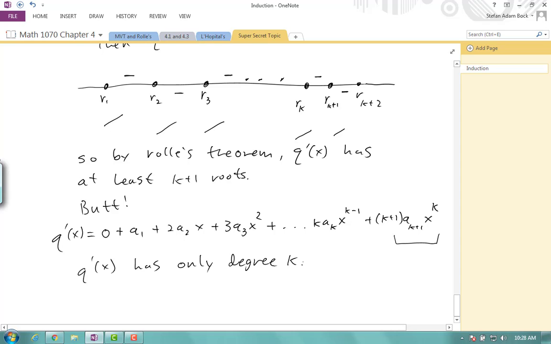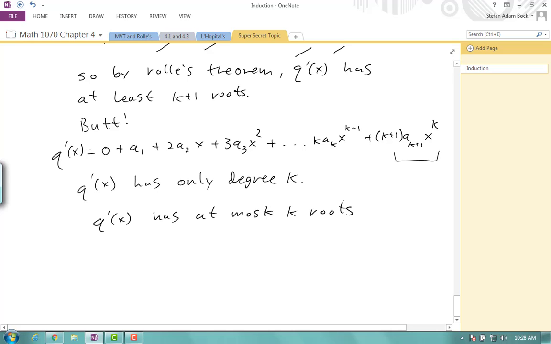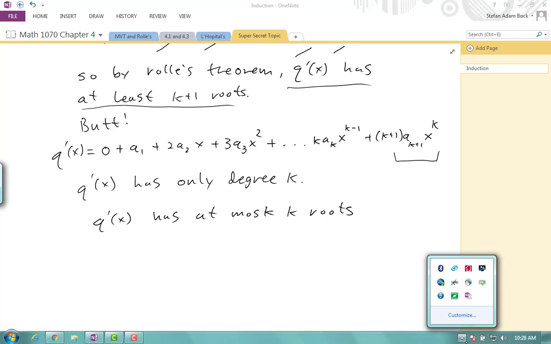And by my induction hypothesis, what I assumed there was that every polynomial up to degree k had only up to k roots. So q prime of x has at most k roots. But it was supposed to have at least k plus 1, which is my contradiction.